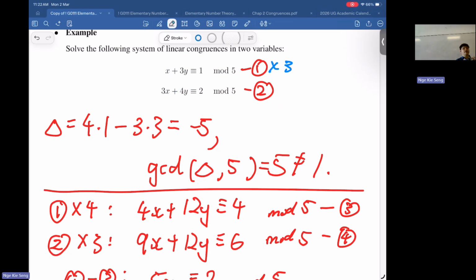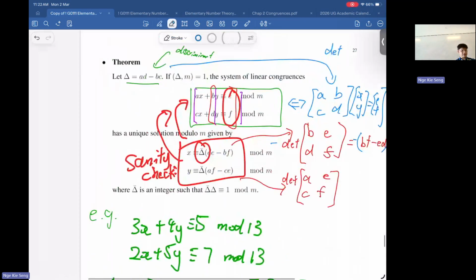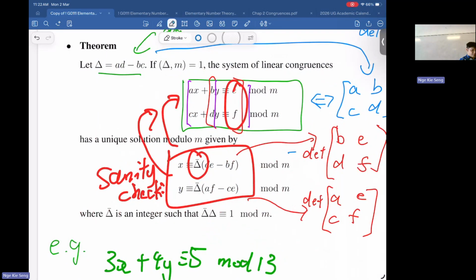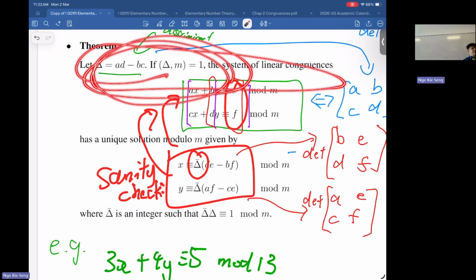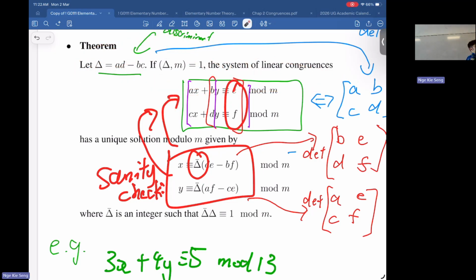Does it make sense? Okay, so again, I want to remind you, don't just remember formula. You need to also remember when the formula will work. Okay, it's very important. This is like a key. Do you play games?